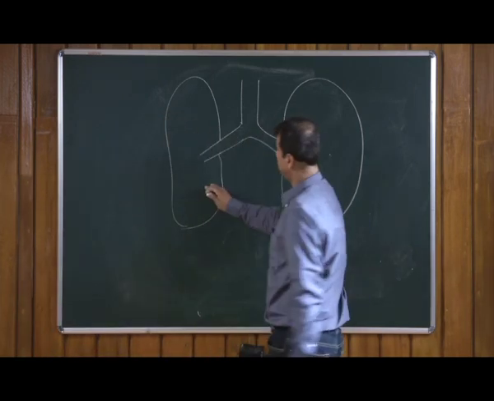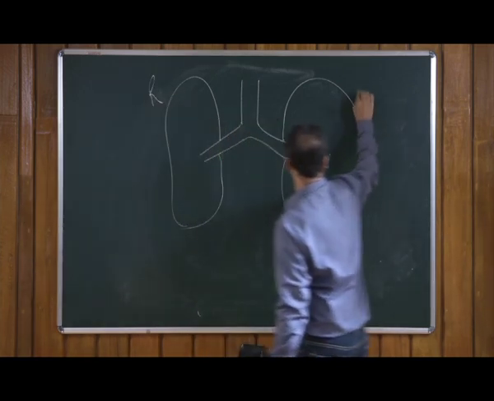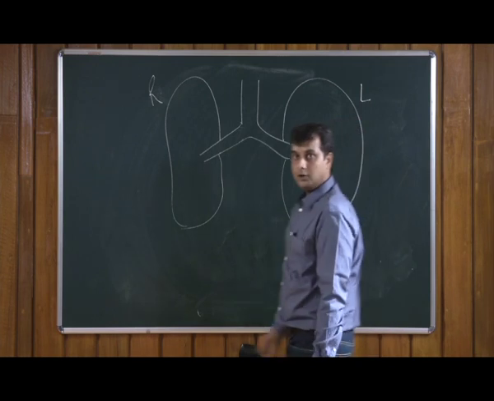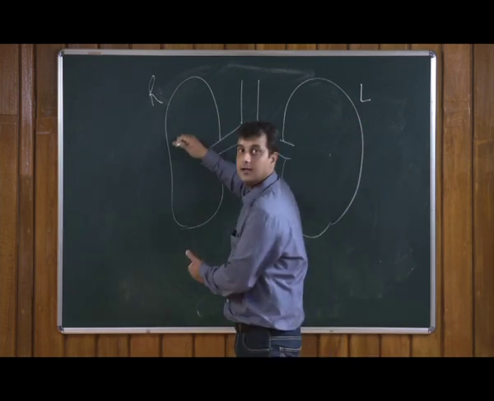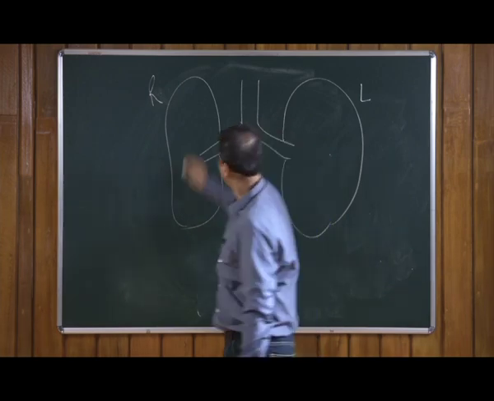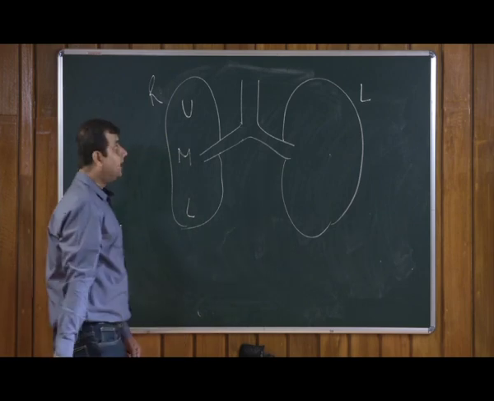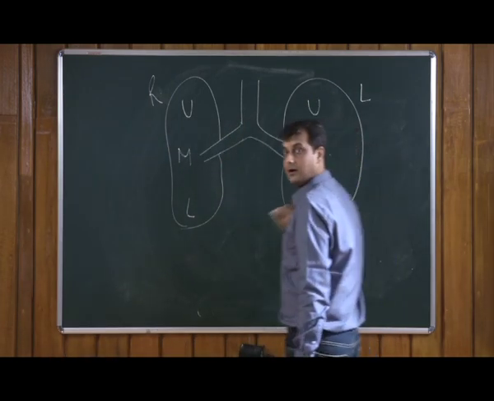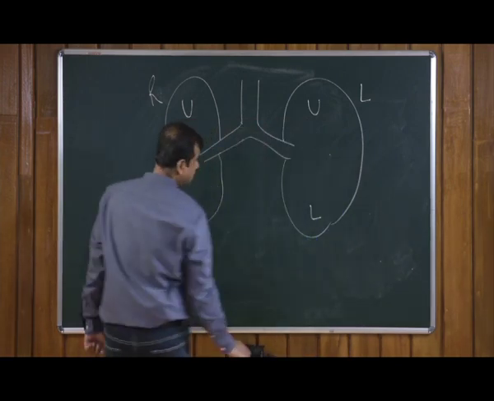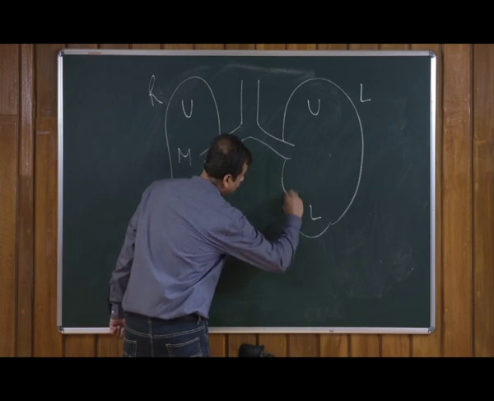Now these lungs we can differentiate: this one is the right and this one is the left. In human beings, the right lung, the right lobe of the lung, is divided into three: upper, middle and lower. And in the case of the left, we have only upper and lower. And instead of the complete structure, we have a small groove here.